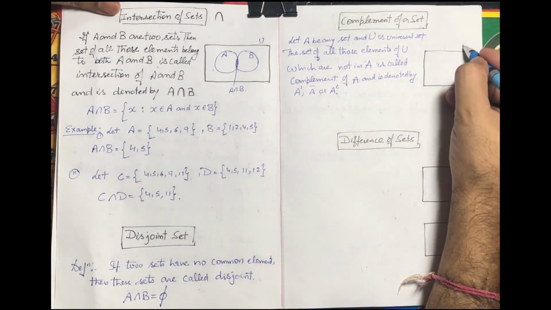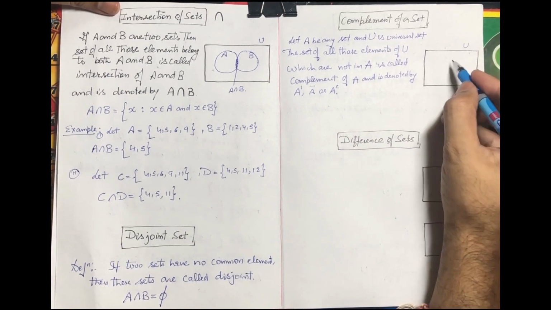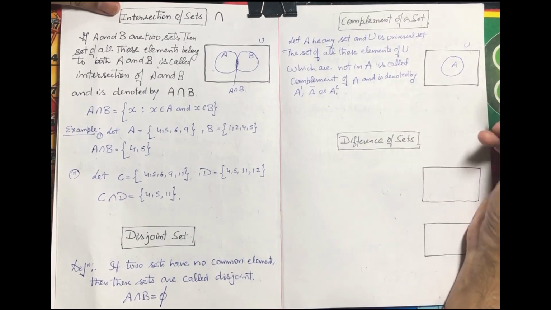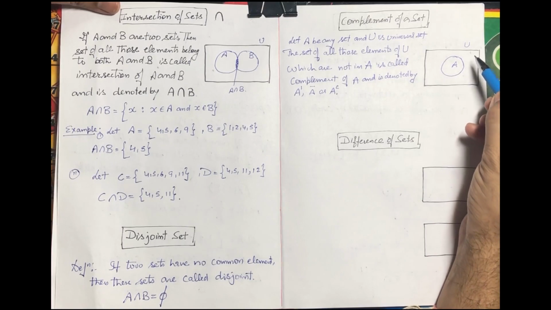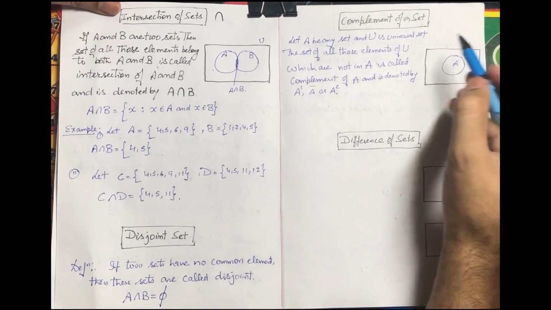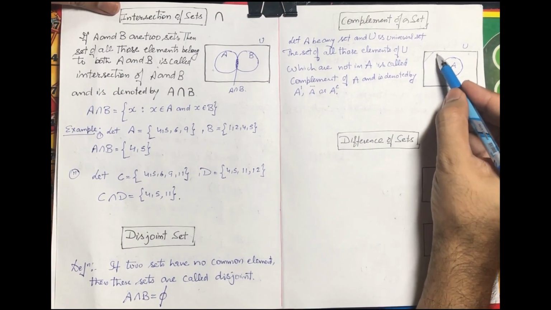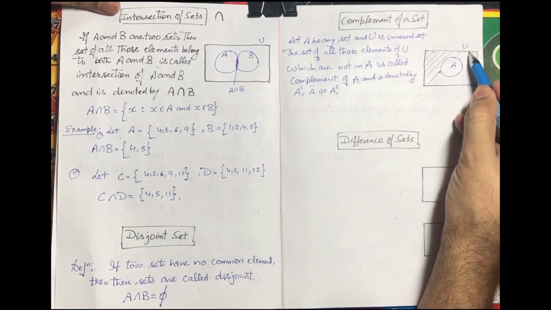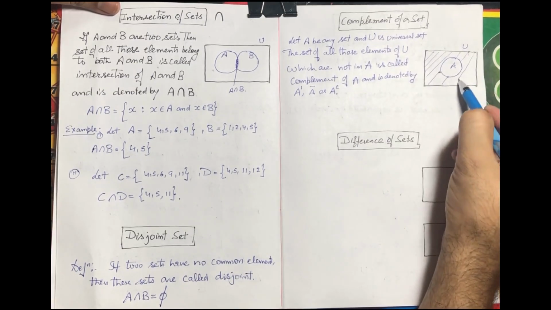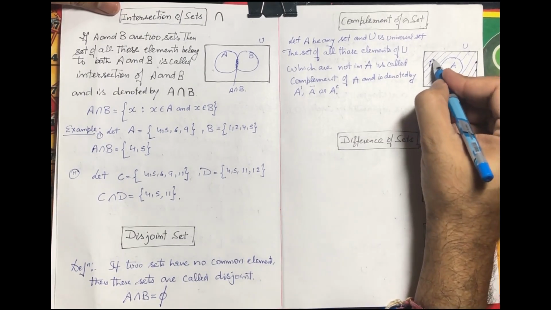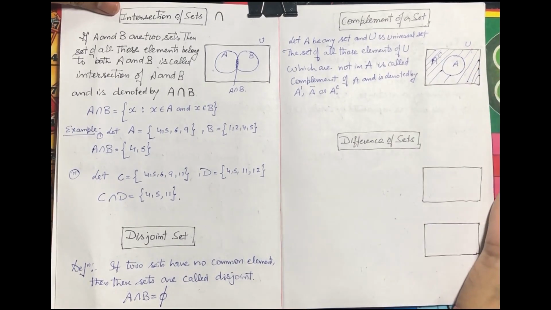For example, let this is universal set, this is set A. Just imagine all those elements of U which are not in A. What are those elements? All these elements which lie outside A. All these elements, they form A complement.